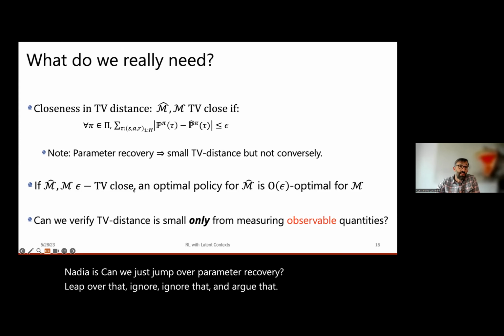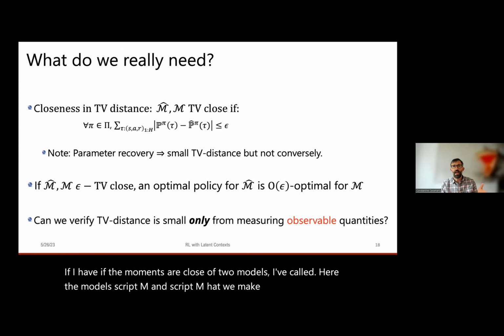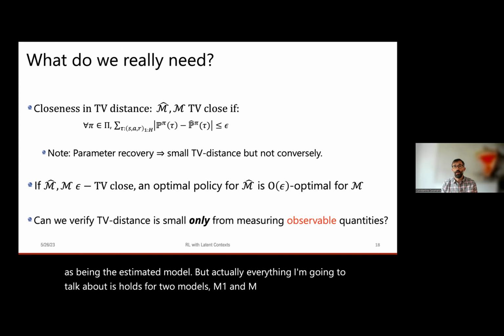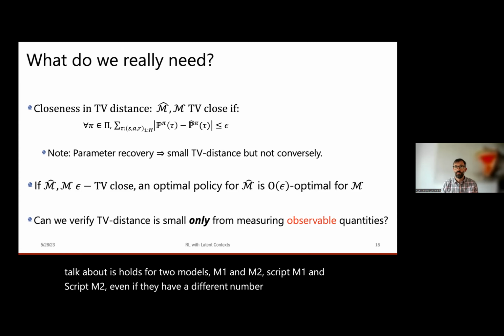if the moments are close of two models, I've called here the models script M and script M hat. We can think of the hat as being the estimated model, but actually everything I'm going to talk about holds for two models, script M1 and script M2, even if they have a different number of latent states.